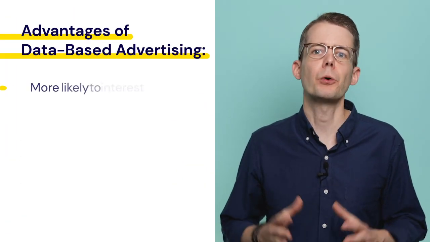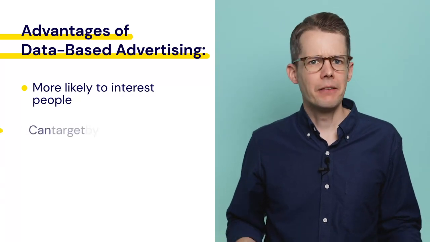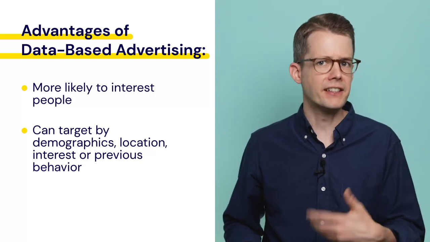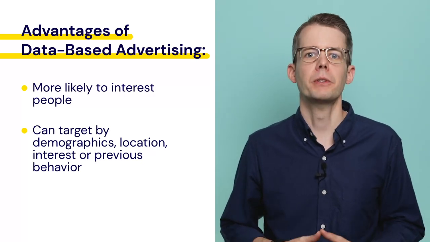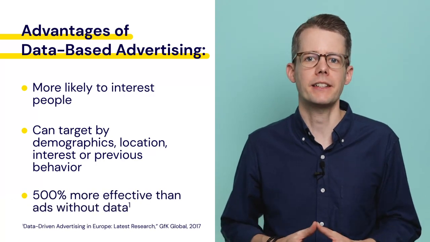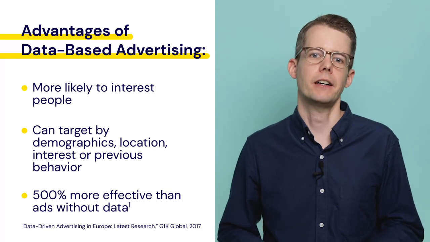From an advertiser's point of view, being able to show ads to people more likely to be interested in them is important. Data-based advertising enables advertisers to deliver ads to people based on their demographics, location, interests, or previous behaviors. And research has demonstrated that data-based advertising is over 500% more effective than advertising without data.